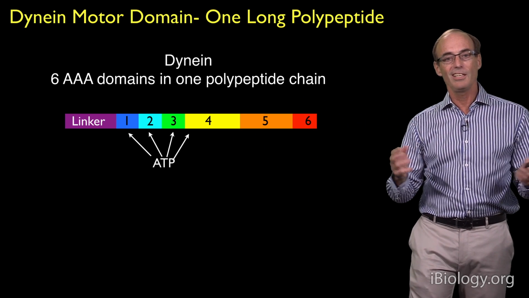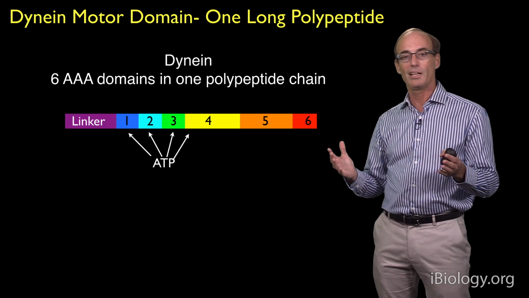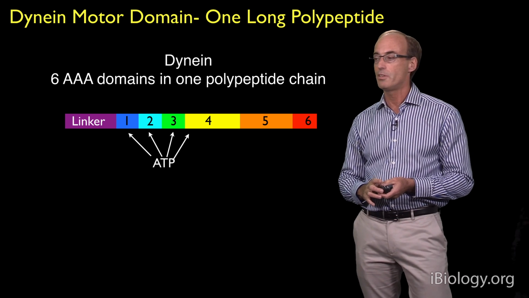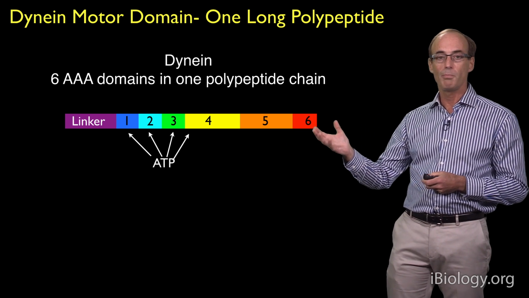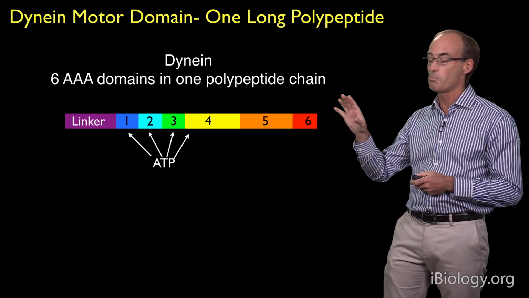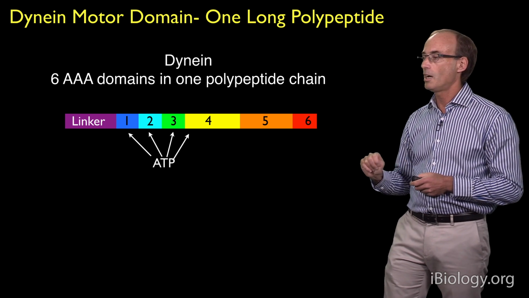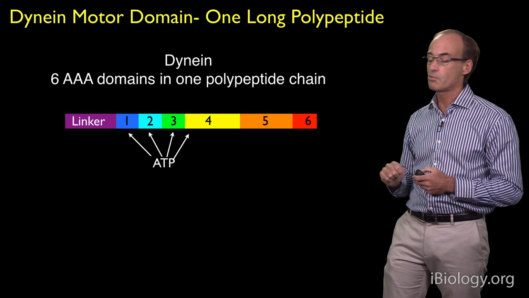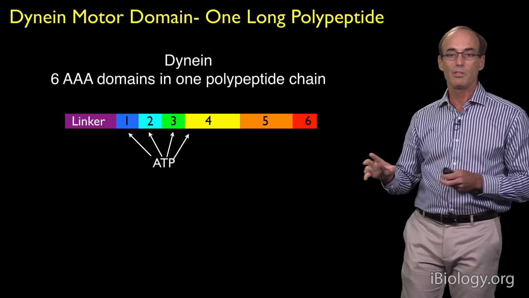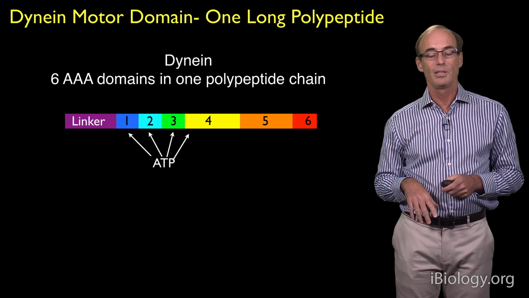Now, dynein again is unusual in the fact that it makes a ring of AAA ATPases, but it does so by placing all the AAA domains in one very, very long polypeptide chain. And this just shows the motor domain structure of dynein and shows the positions of these 6 AAA domains.